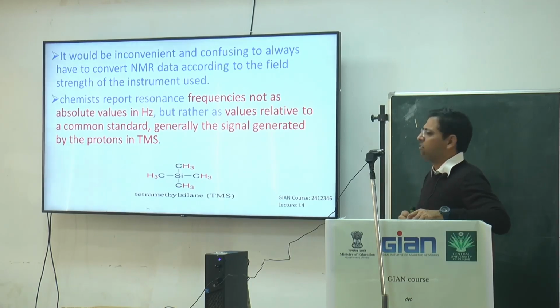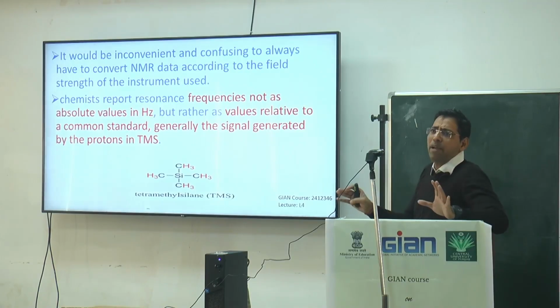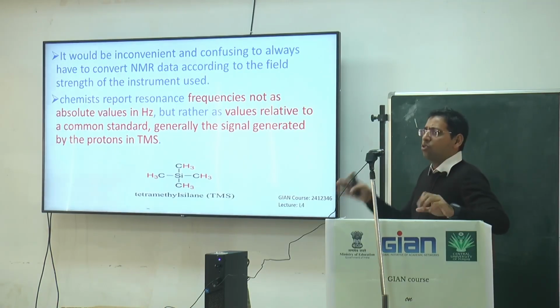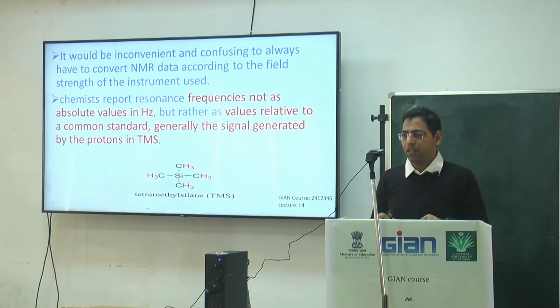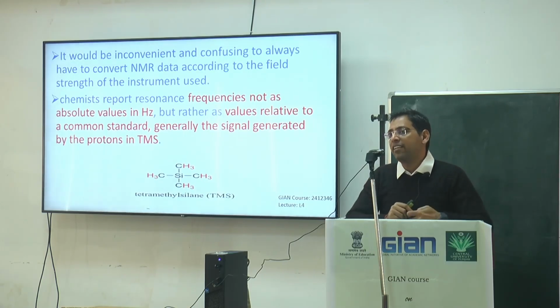So that's why we can't compare the data on the basis of hertz, at least. Now, what is another point? If you use an internal standard, here one machine has 100 megahertz and the second machine has 300 megahertz.